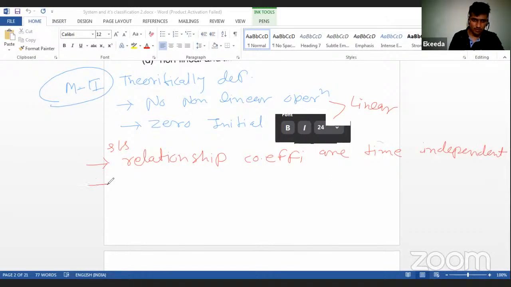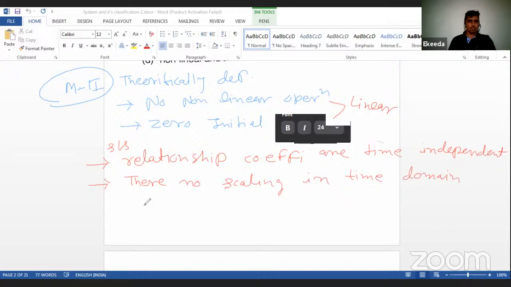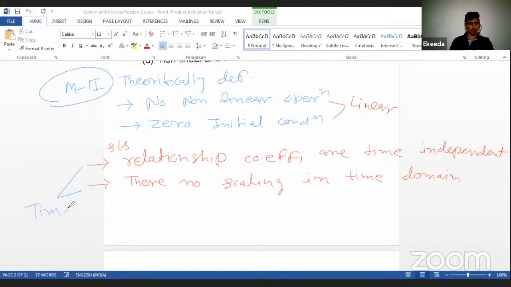Another was that there is no scaling in the time domain. So it is time invariant. From these two you can say time invariant.